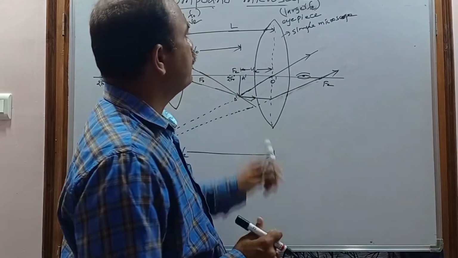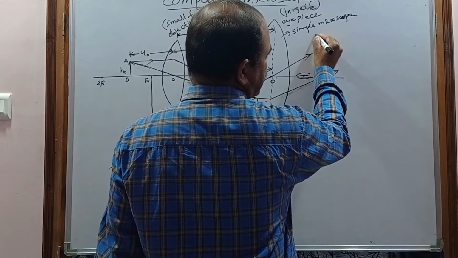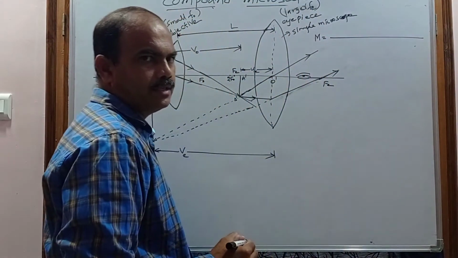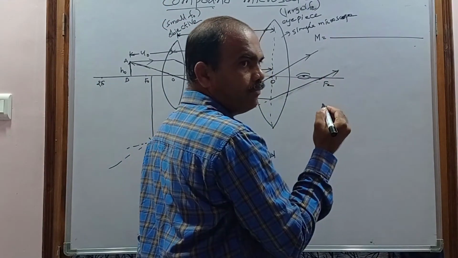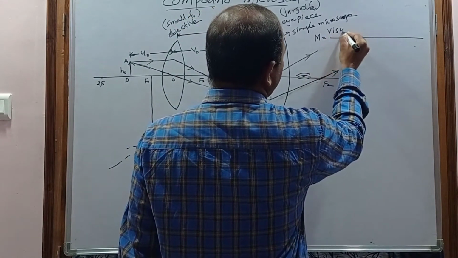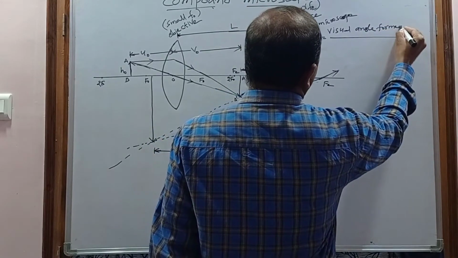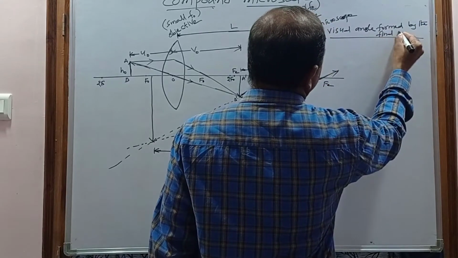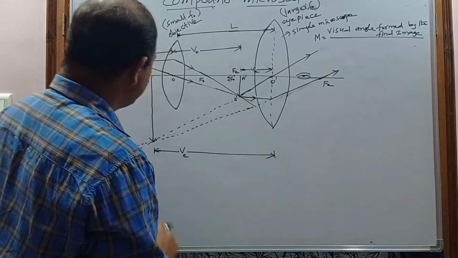Now I am going to find the magnifying power of the compound microscope. Magnifying power is represented by the letter M. It is the ratio of the visual angle formed by the final image at our eye to the visual angle formed by the object.